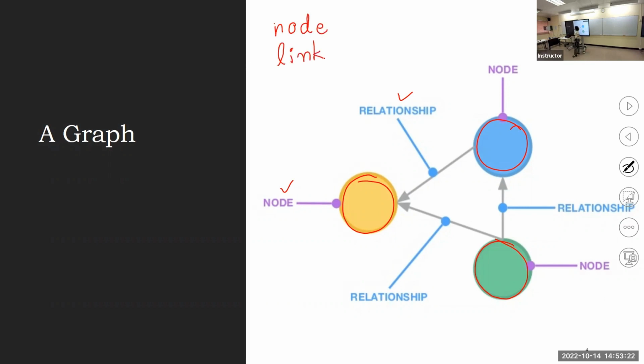But of course, there are also different ways to call it. Sometimes, of course, it is a link or relationship between nodes. Sometimes it may be called an edge.